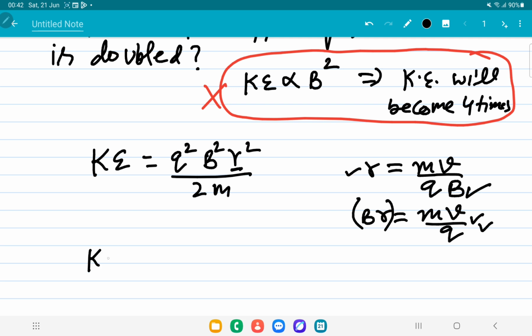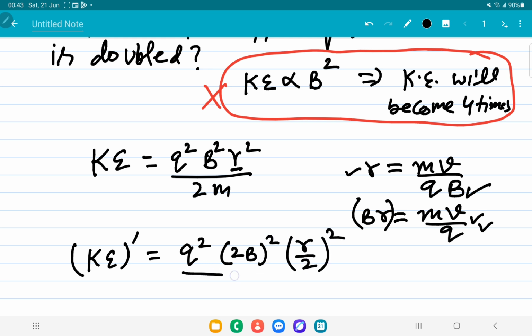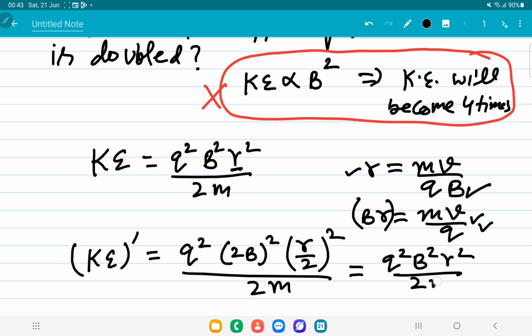So the kinetic energy, if I consider it as KE dash, so the magnetic field term is doubled, but the radius term is halved, divided by 2m, and the answer will remain q square B square r square by 2m. So if I ask you what will be the effect on the kinetic energy if the magnetic field is doubled, answer, magnetic field will not affect the kinetic energy of the charge.